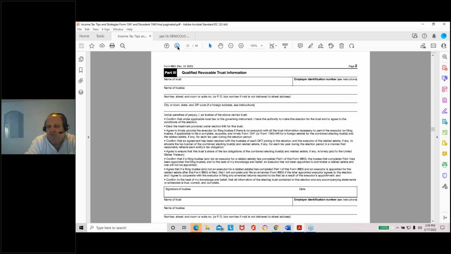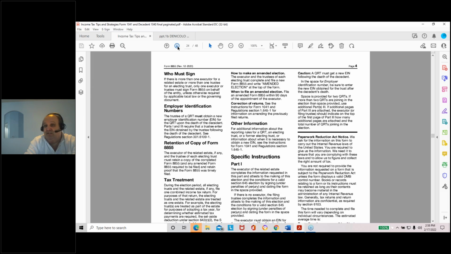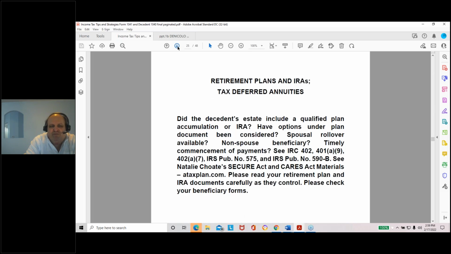And I put a copy of the form in because even in the form instructions, they talk about why it might be good to file this and why it might not be good to file this. S corp continuation might be a reason because an estate can own S stock, period, end of story. A trust, it depends on whether the trust qualifies or not, as Chris and I were talking about in the last segment. So that's one of the reasons. There are other reasons, but there are reasons pro and con.